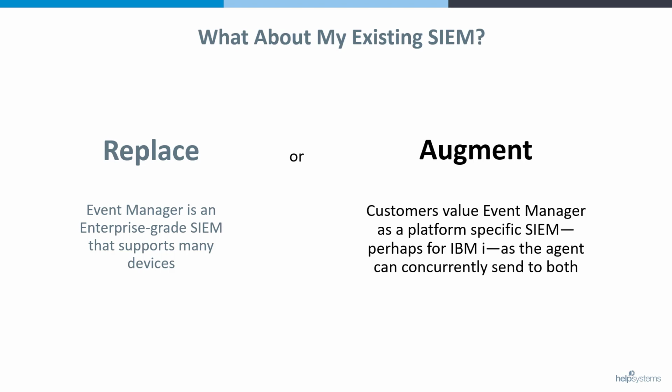If you're running a big tool like, well, I won't name it just because somebody will be offended, but you guys know the names of the SIEMs you're running, and we can send events to that absolutely perfectly fine. But if the case of an IBM i event comes along, then not only do we want it to go to the enterprise SIEM, but we also want it to go perhaps to Event Manager because it's now being used as an IBM i-centric SIEM.